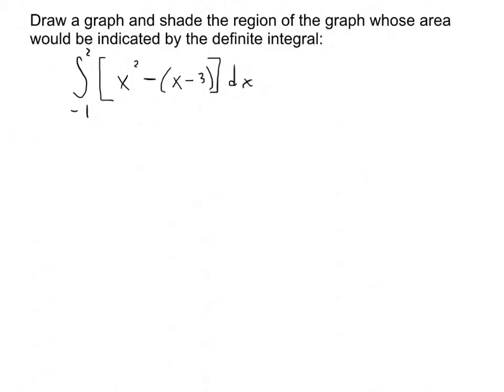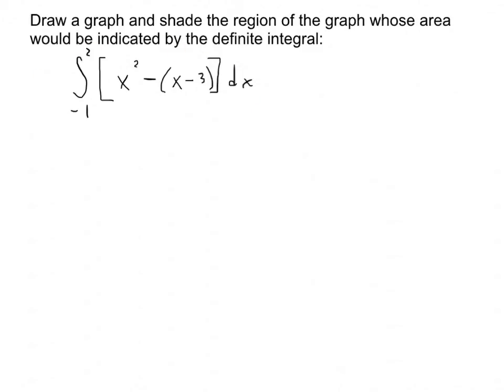So in this example, we're doing things the other way around. Rather than giving you the graph and asking you to find the area, this time I'm giving you the integral and making sure that you can interpret that to go back and figure out what region that's talking about. So this question is asking you to draw a graph and shade the region whose area is given by this thing, right?